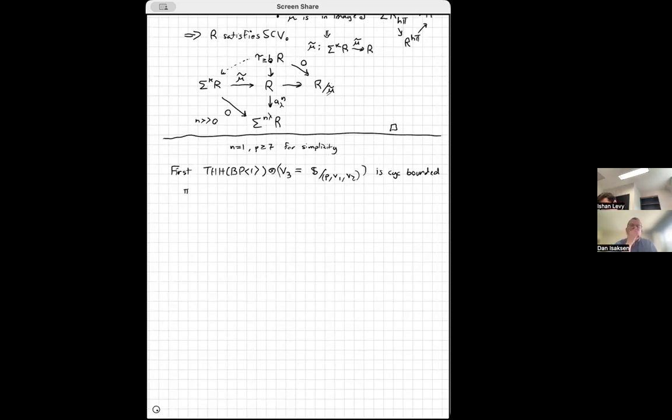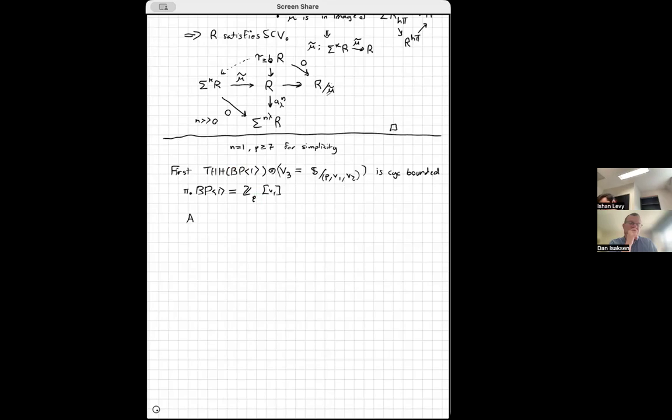So let me just remind you briefly that the homotopy ring of this BP1 is quite simple. It's just a polynomial ring over Z localized at p, or p-completed if you want, on v1. And so in this THH, everything is p-completed. So maybe I'll just p-complete it from the start. Why not?